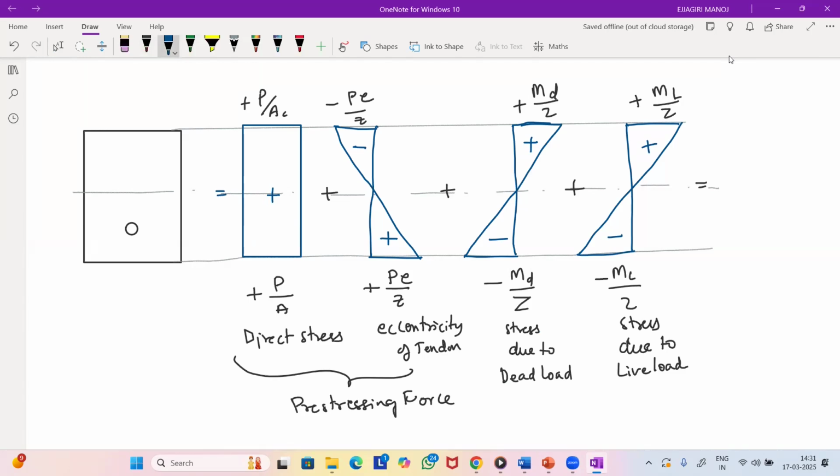Now if you add the top stresses and bottom stresses, you will get the resultant stress. For that, draw a straight line. Usually in pre-stressed concrete, at the end the resultant stresses will be positive or else zero. You won't get any negative stresses. That is, you won't get any tensile stresses in pre-stressed concrete. That is the whole concept of pre-stressed concrete structures, right? So it will be towards the right only.